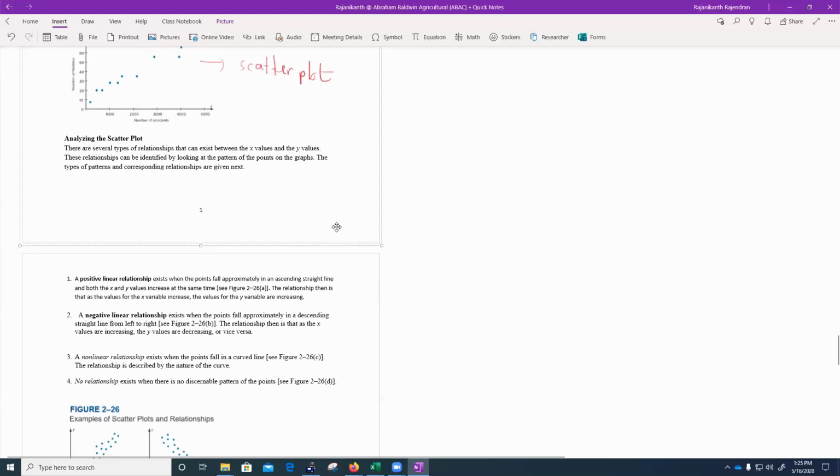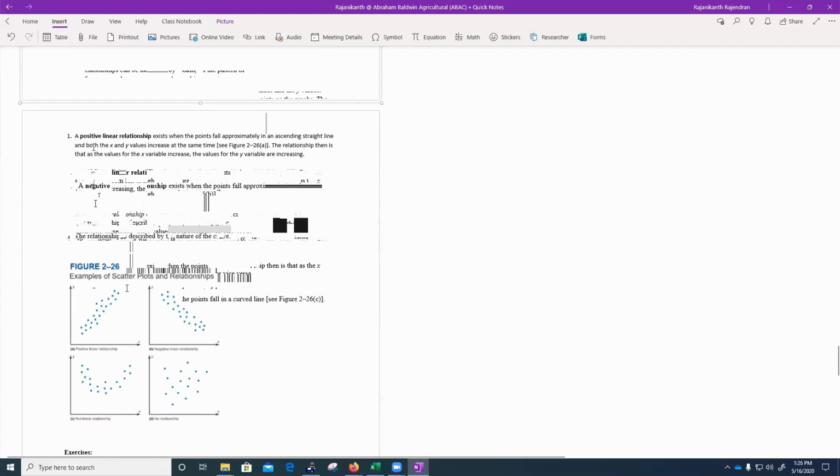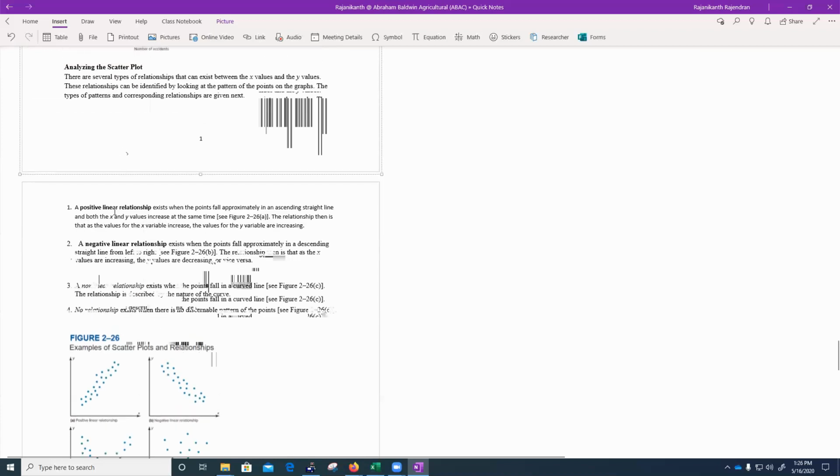Once you have a scatter plot, by looking at the graph we are able to explain the relationship between two variables. But we are interested here in terms of a linear relationship. So let's look at these four scenarios. A positive linear relationship, what does that mean?